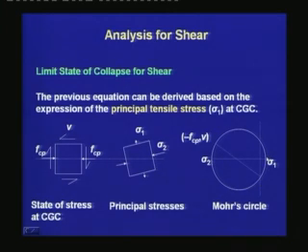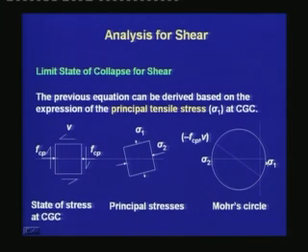The value of sigma 1 can be calculated if we are able to locate the origin of the circle. The origin of the circle is at minus FCP by 2, that means the x coordinate is half of the coordinate of this point and the y coordinate is 0.